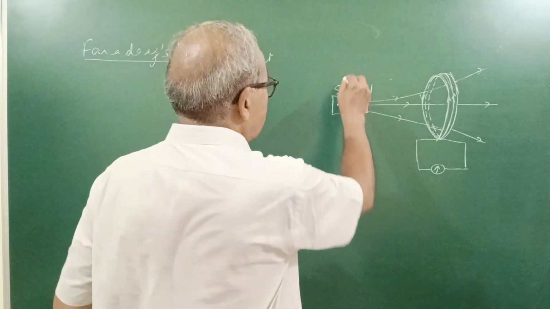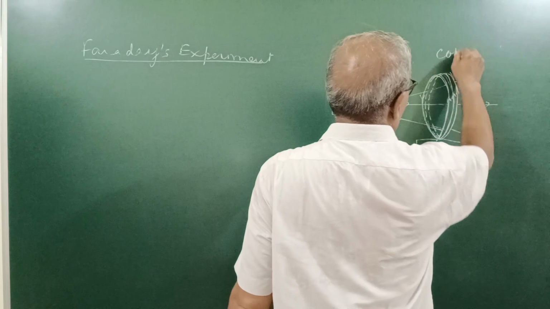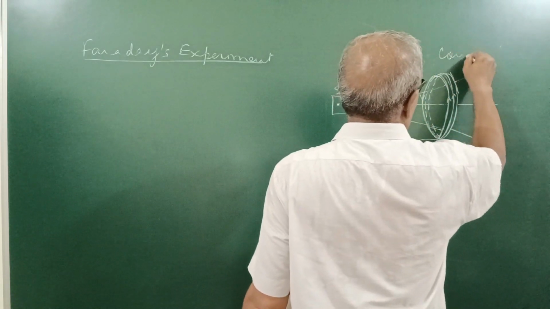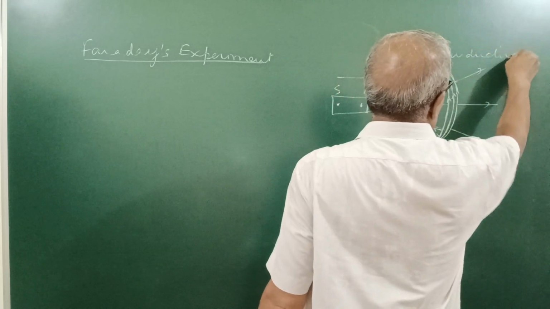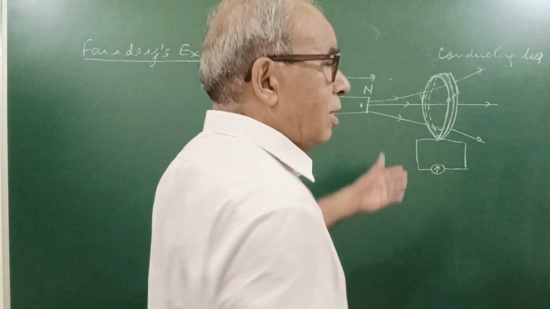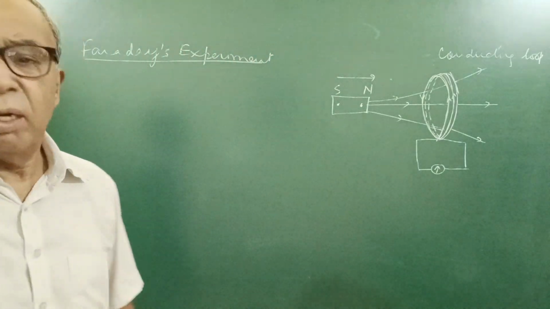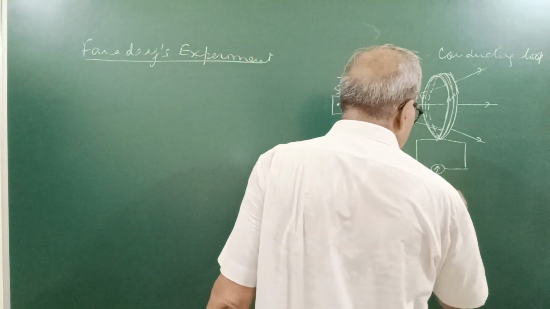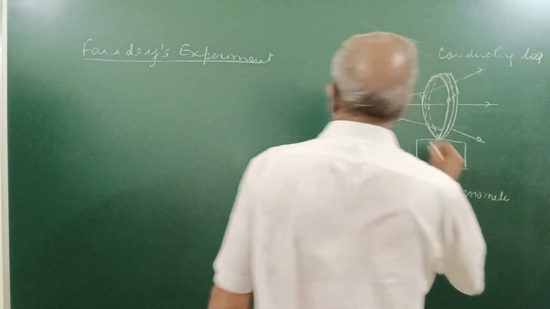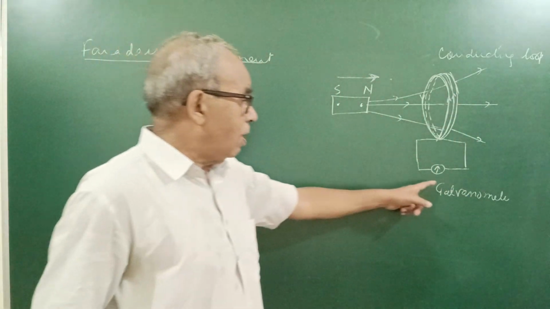He had a magnet and a conducting loop of copper, a conducting loop of many turns, and you can take a single turn also. By increasing the turns, you get more current. This is a galvanometer. When the magnet was moved towards the loop, there was deflection in the galvanometer.